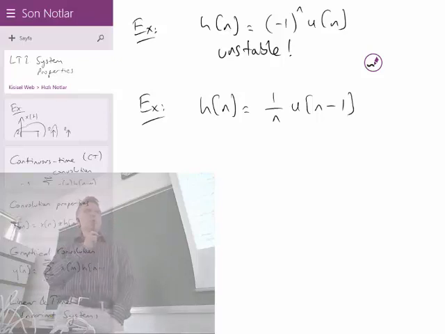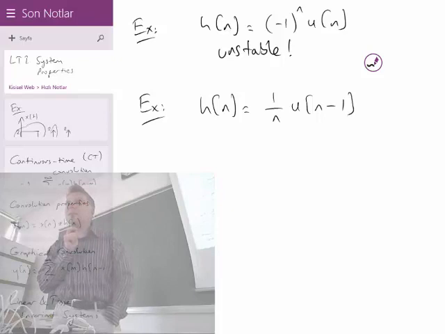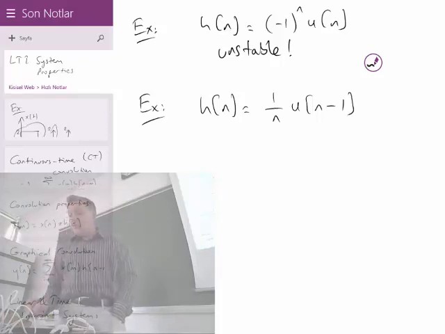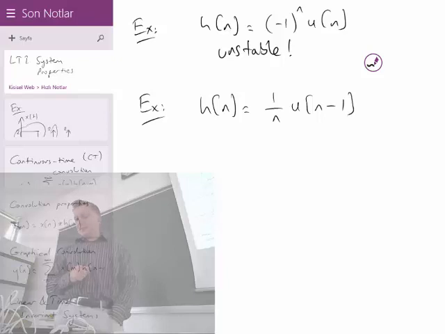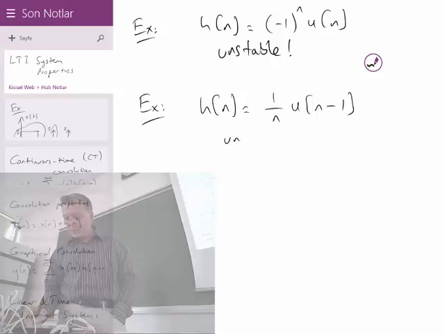The answer is no, it's not. Beg your pardon? That's why I wrote u of n minus 1. It doesn't include n is equal to 0. It starts from 1. But the series summation is 1 plus 1 over 2 plus 1 over 3 plus 1 over 4 plus 1 over 5, etc. And the summation diverges. It doesn't converge. This is unstable.